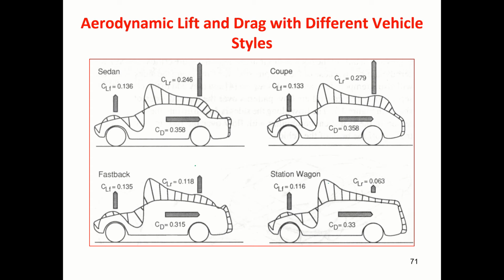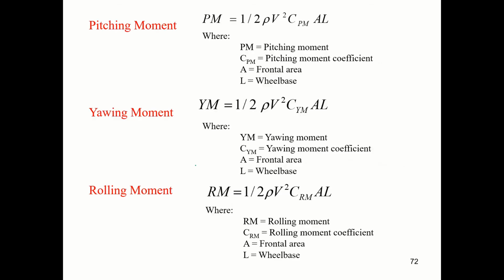Also we can find the lift coefficients. From these, again, the pitching moment, yawing moment, and rolling moment that can happen can also be estimated. Such things we can take into consideration while doing vehicle dynamic analysis.